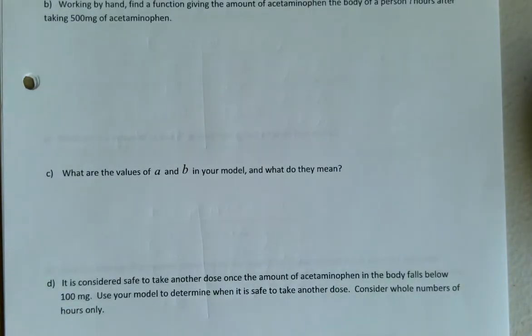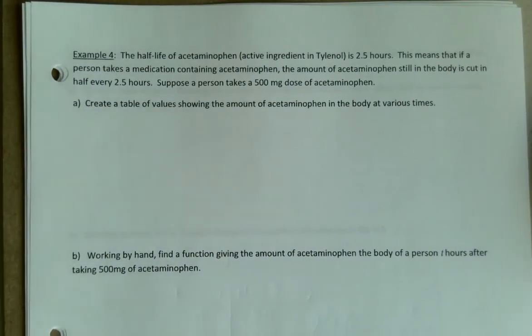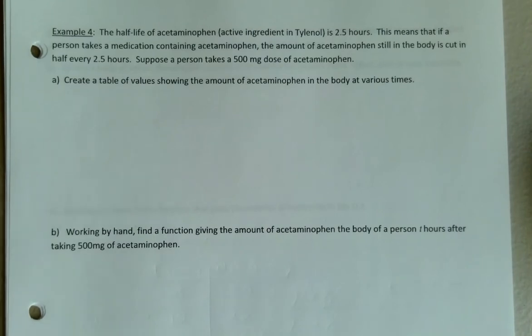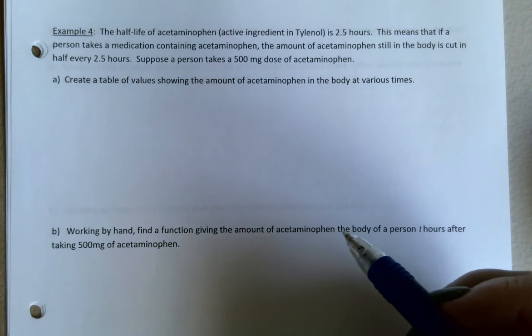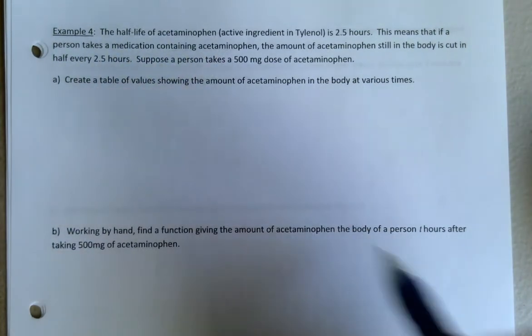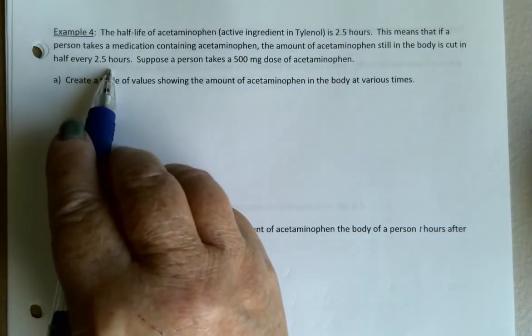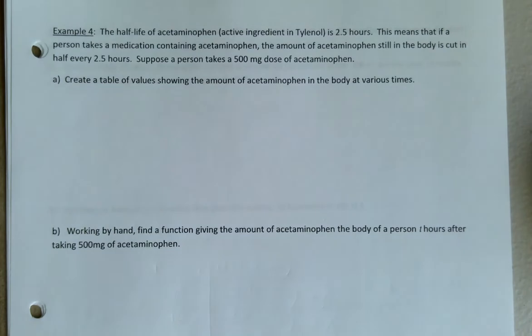All right. Let's do one start to finish now. The half-life of acetaminophen, which is the active ingredient in Tylenol, is 2.5 hours, meaning that if someone takes acetaminophen, the amount that's still in their body is cut in half every 2.5 hours. So let's suppose that a person takes a 500 milligram dose of acetaminophen.